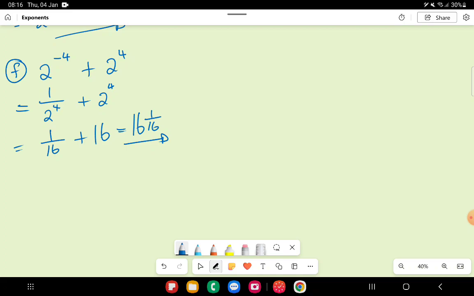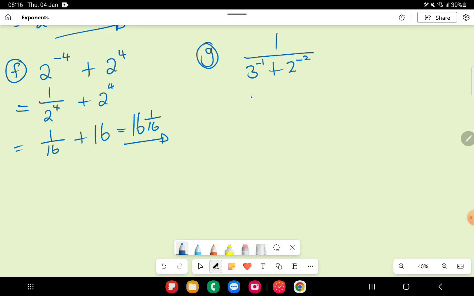A mixed number. And the last one, question G, says 1 over 3 minus 1 plus 2 minus 2. Okay. So what are we going to do here? I could move them to the other side, but instead of moving them over first, let's multiply them out.